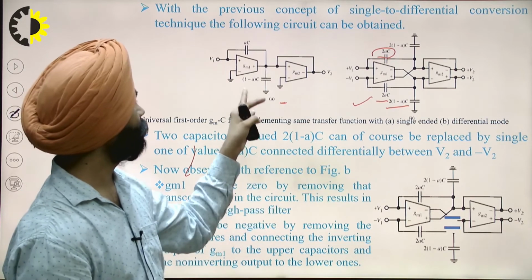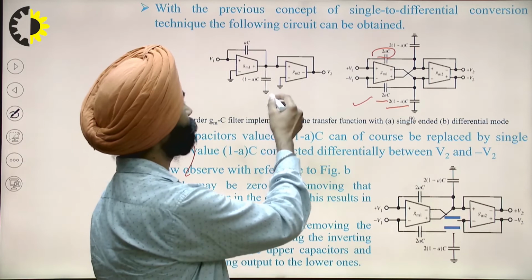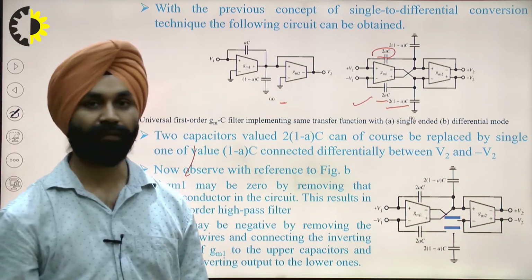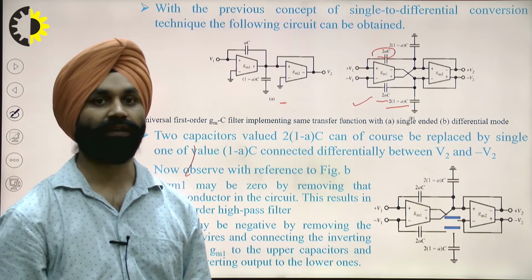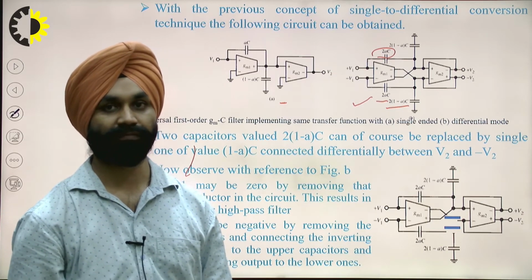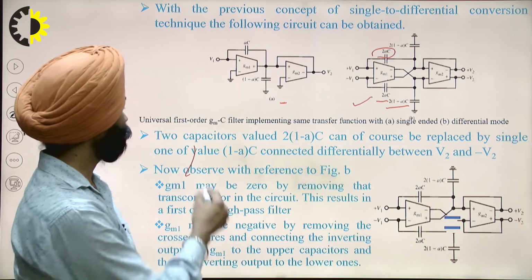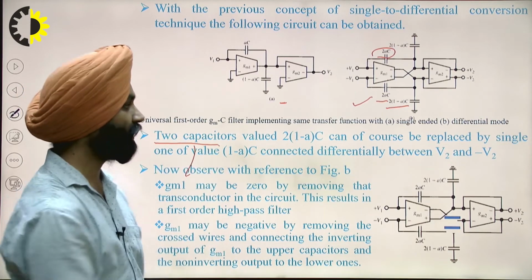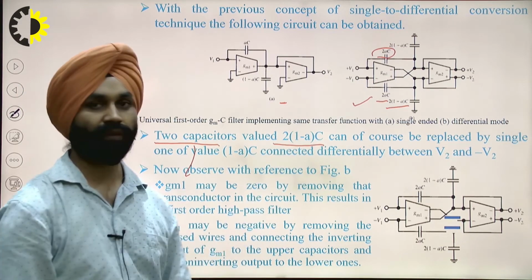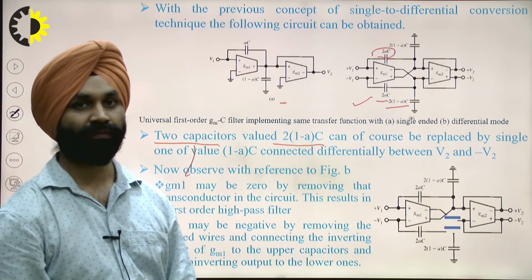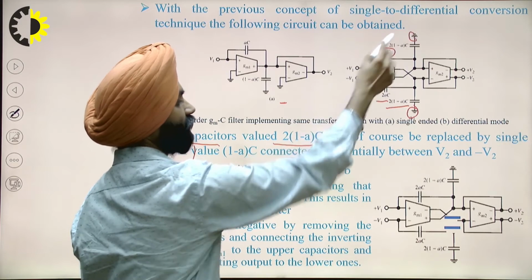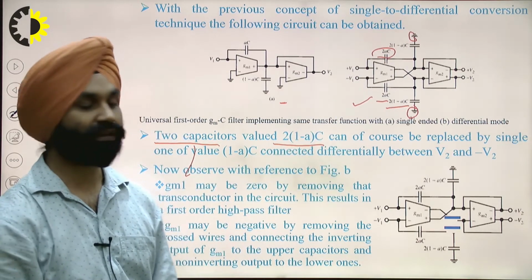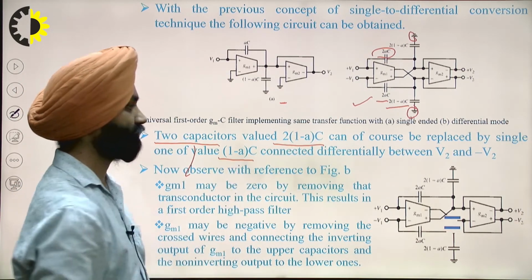Also, the grounds can be merged to make one simple capacitor. So we have replaced the two capacitors of value 2(1 minus A)C, and if we connect the ground also, we can replace it with (1 minus A)C.